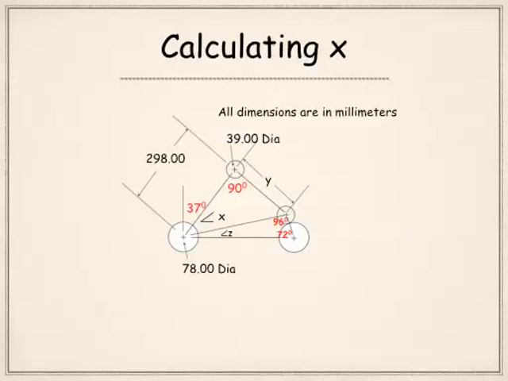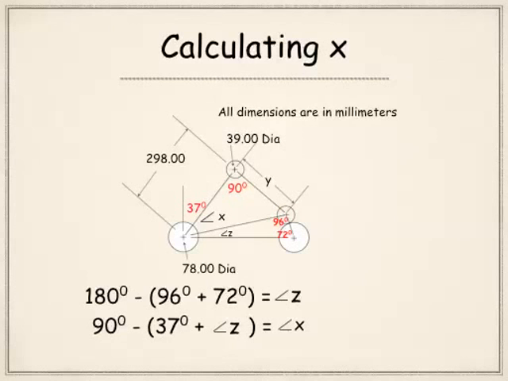So let's do that. Since z is part of a triangle where the other 2 angles are 96 degrees and 72 degrees, if we subtract those 2 angles from 180 degrees, that will give us angle z, because all triangles have 180 degrees as the sum of their 3 angles.